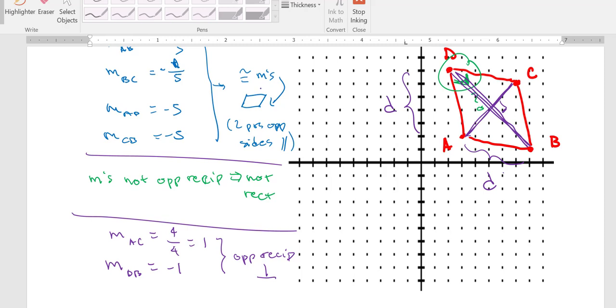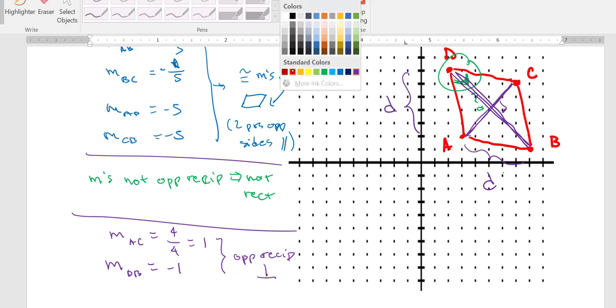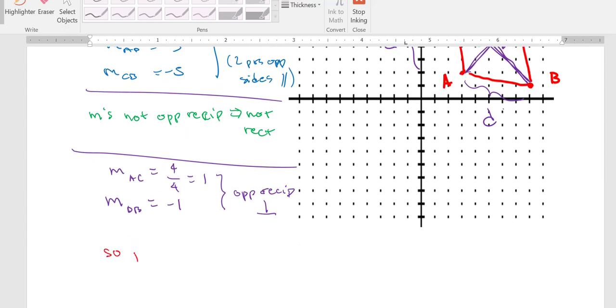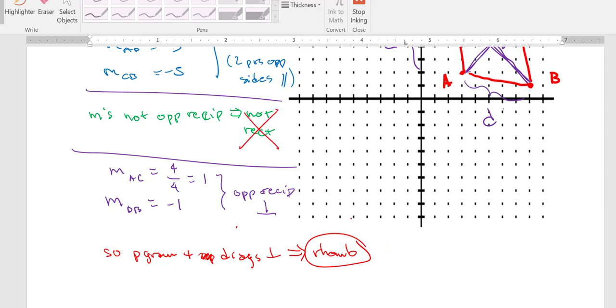So now I have a parallelogram with diagonals perpendicular. That means that I have a rhombus. And I already know it's not a rectangle, which means it is not a square either. So, not a square.